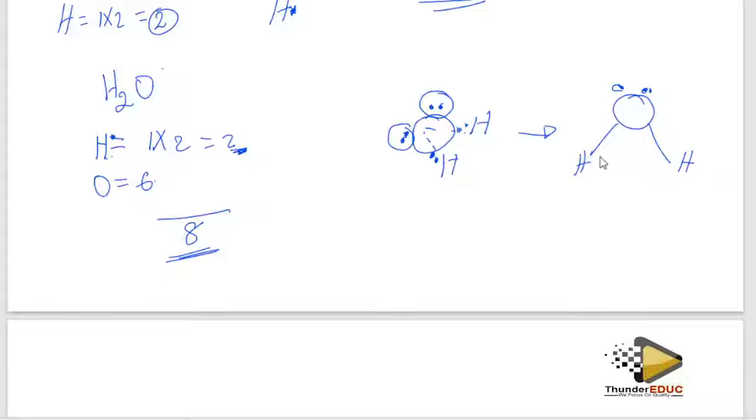You have 1 electron here, and 1 electron there, 1 from hydrogen, 1 from oxygen. So it forms that V, which we call the bent shape, or we can call it angular. Or you can say bent. So you must know the shape which water has.